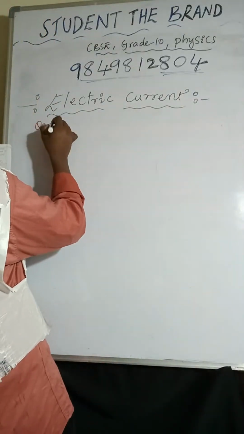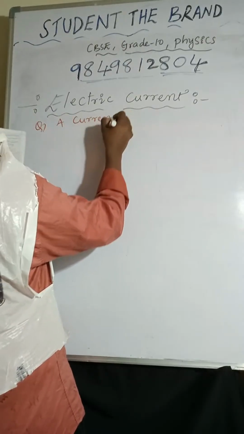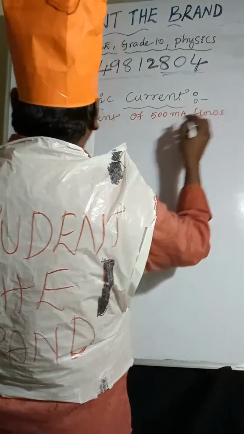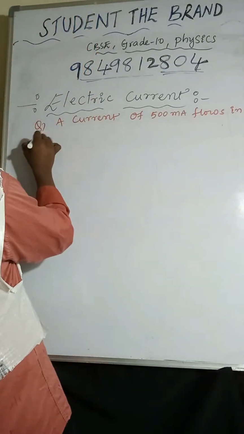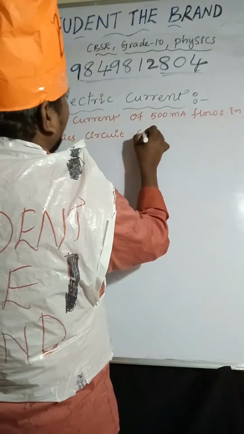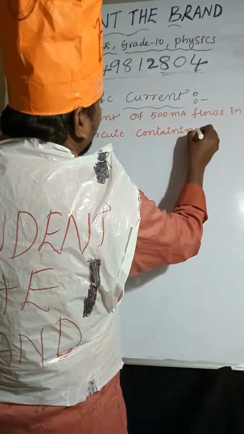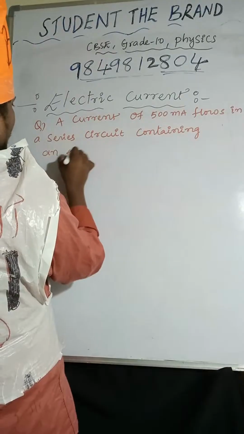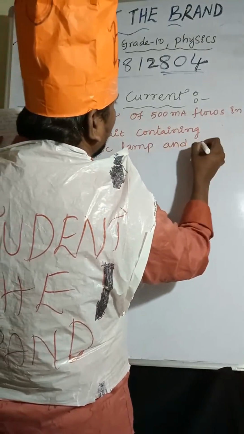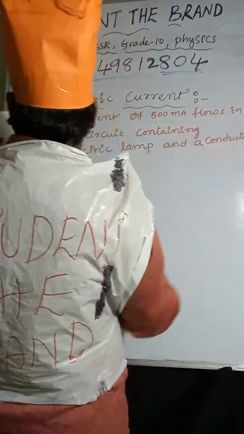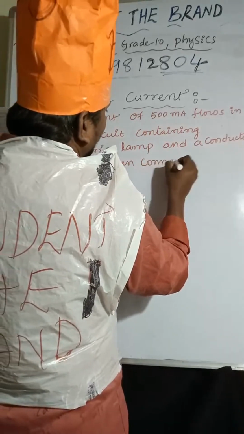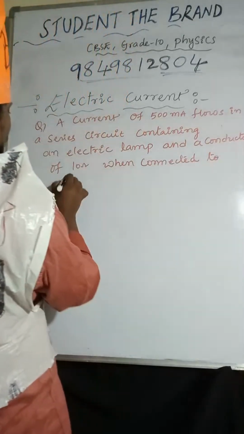A current of 500 milliampere flows in a series circuit containing an electric lamp and a conductor of 10 ohm when connected to a 6 volt battery.